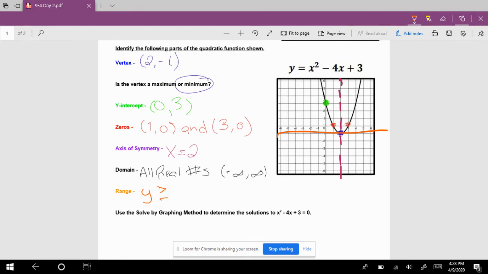And what is that y value? -1. Now, for interval notation, we know that the -1 is not going to have a parenthesis. It's going to have a bracket because we can equal the -1. Now, I use all y values -1 and above because my parabola is above that orange line that I've drawn.